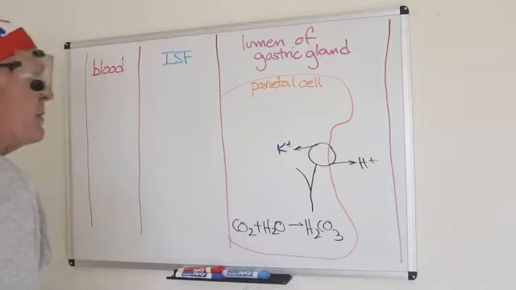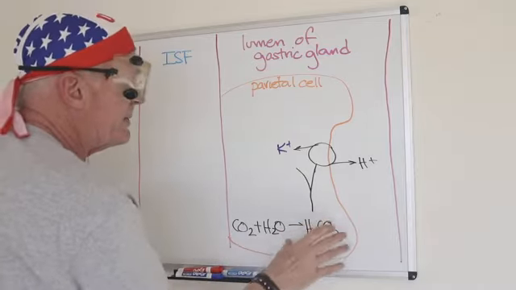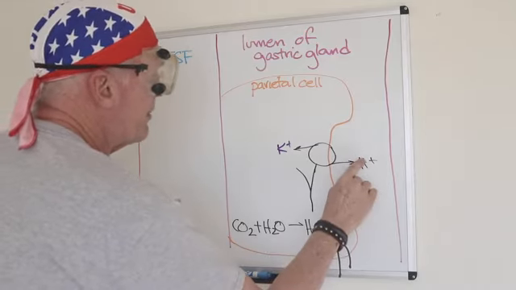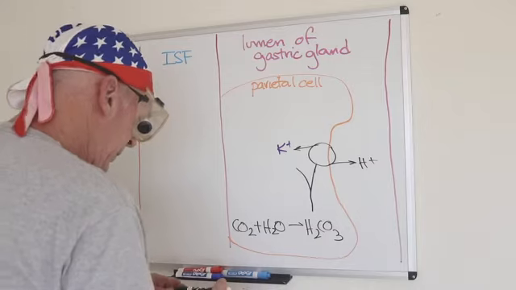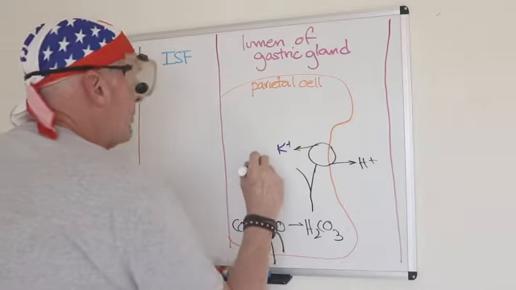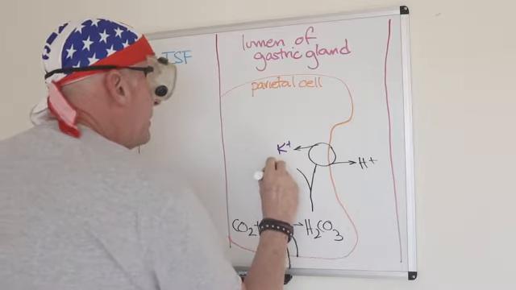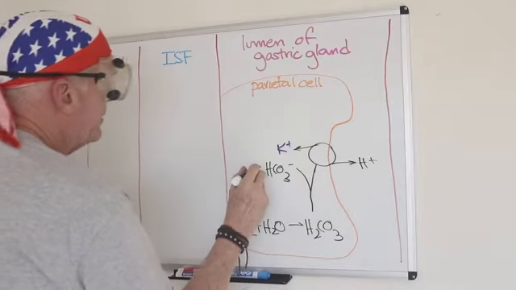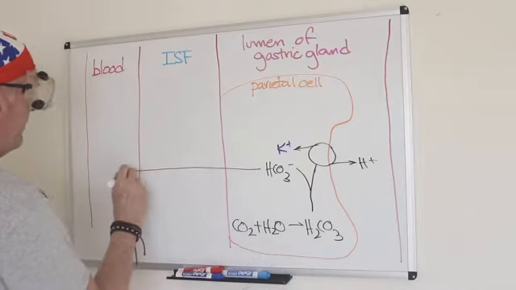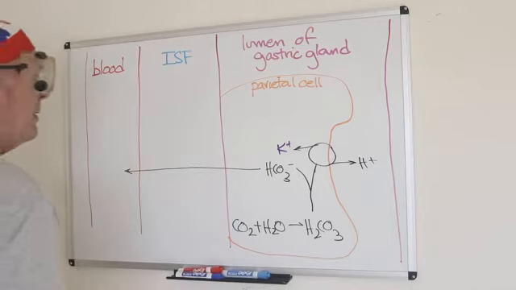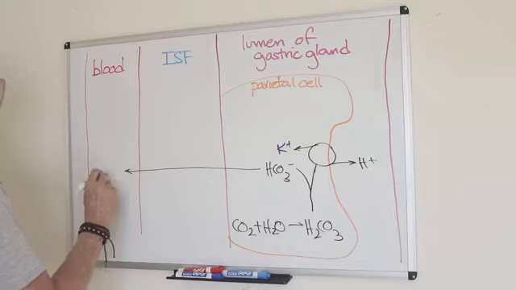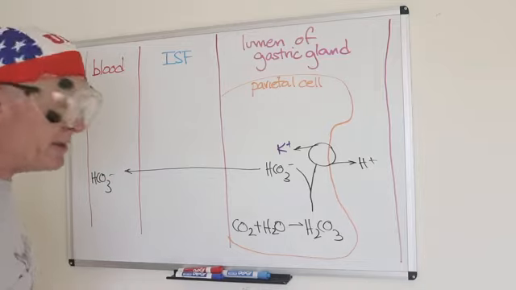So notice we've taken the hydrogen from the dissociation of carbonic acid and we've now pumped it into the lumen of the stomach, all right? Then what happens over here, we've got the bicarb ion, HCO3 minus. What we do is we're going to pump that straight over here into the blood, where we're going to have now an HCO3 minus. We're going to come back and talk about him in just a minute.